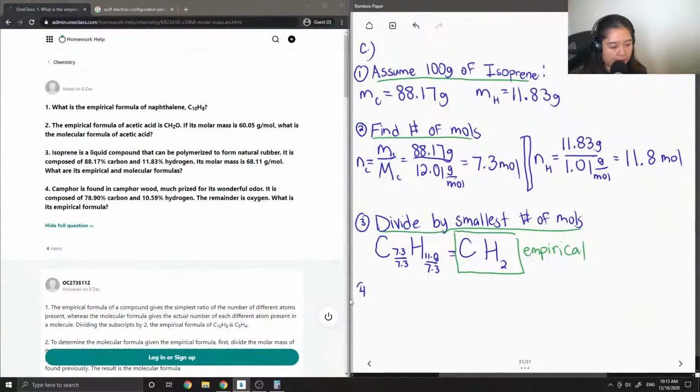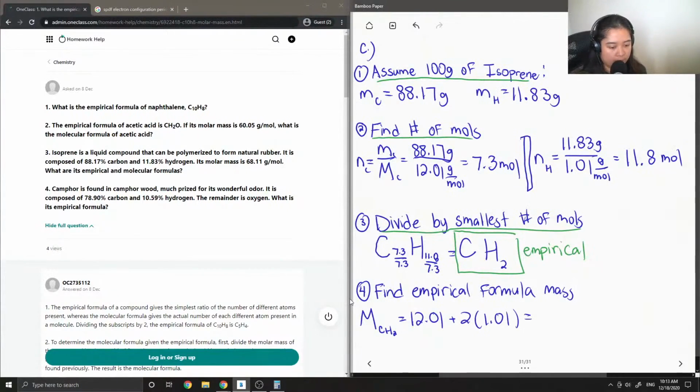So this brings us to step 4, which is to just find the empirical formula mass. So now this is similar to the previous part of this question. I'm just going to write molar mass of CH2 is equal to 12.01 plus 2 times 1.01, and its mass is around 14.03.